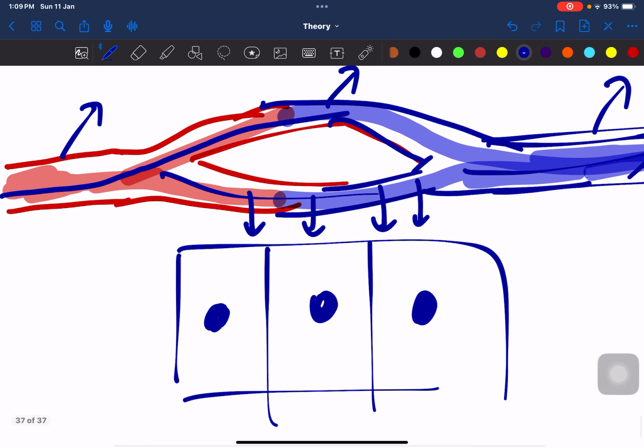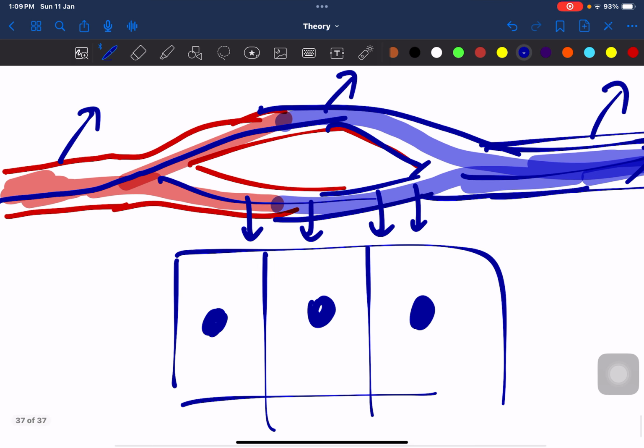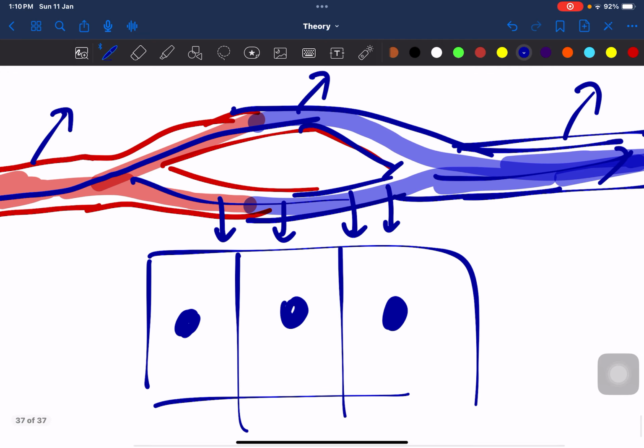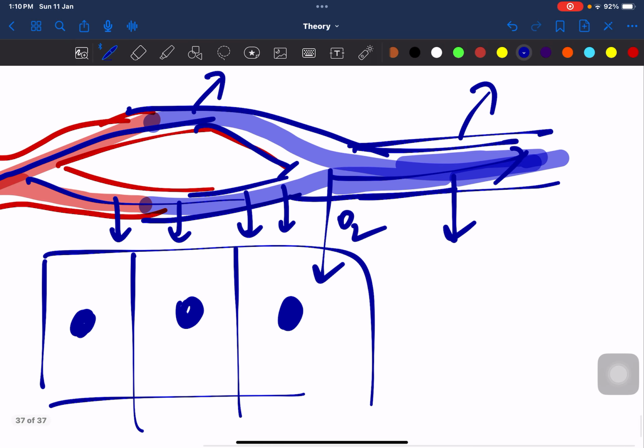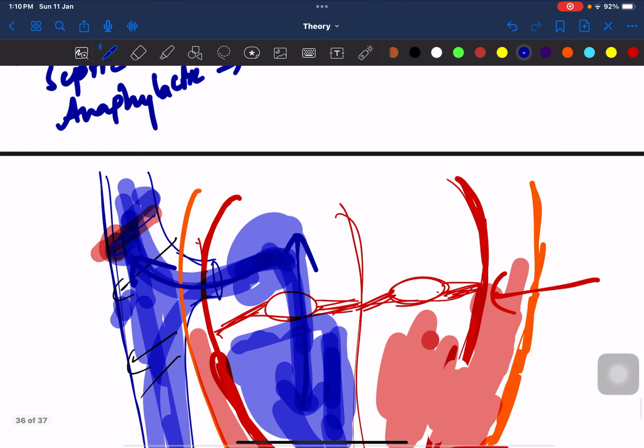There is a hyperdynamic circulation and peripheral pooling of blood, and because of this the blood is flowing so fast that the tissues cannot extract the oxygen. So the mixed venous oxygen saturation, which is nothing but the percentage of oxygen saturation in the venous blood, increases in distributive shock.